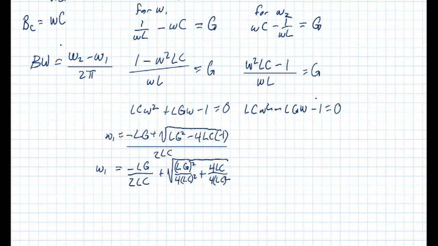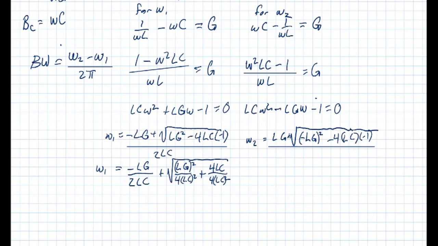And so when we plug it into the quadratic equation, we get omega 2 equals LG plus square root of minus LG squared minus 4 LC times minus 1 over 2LC.